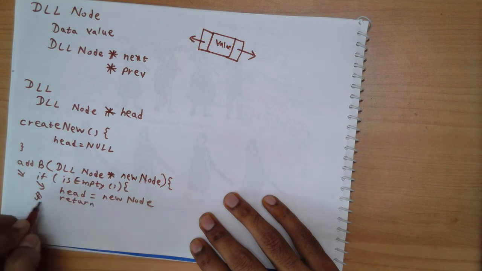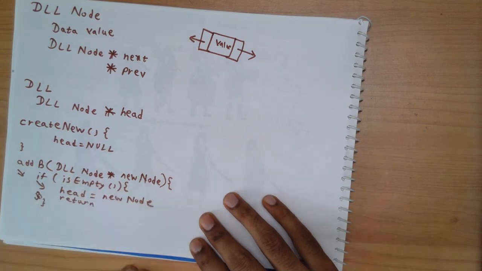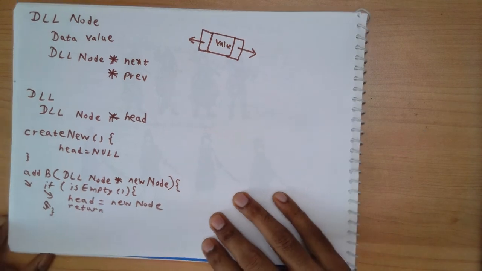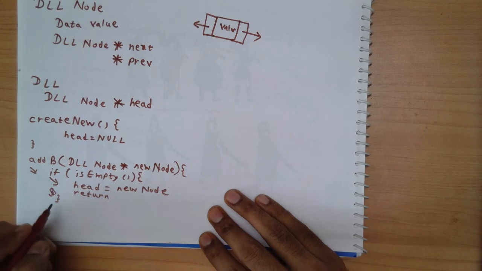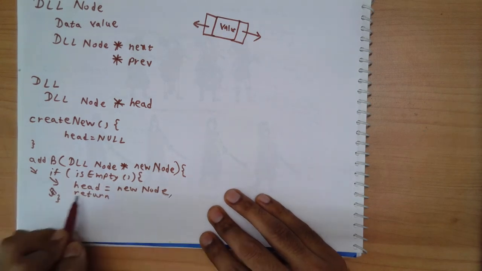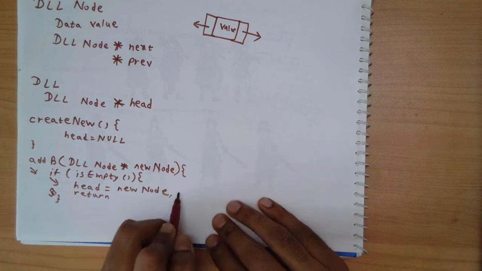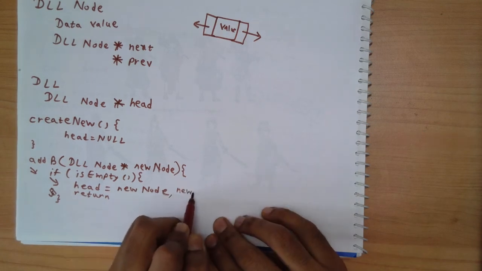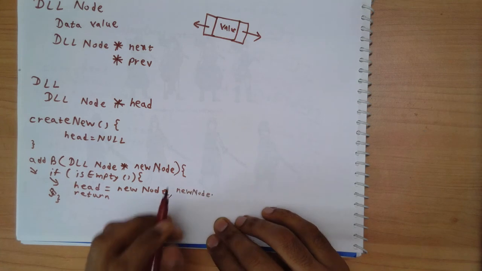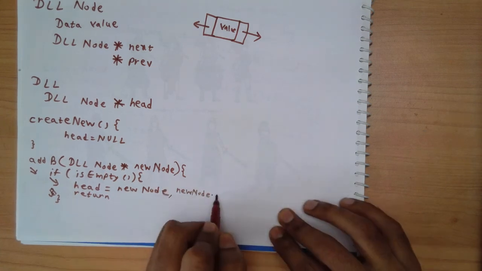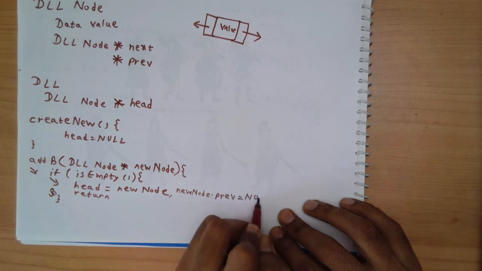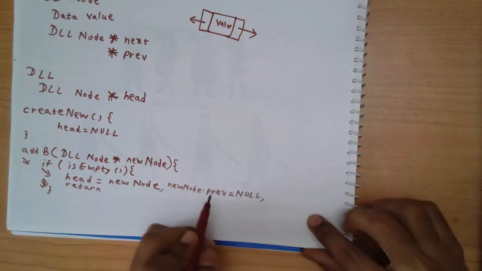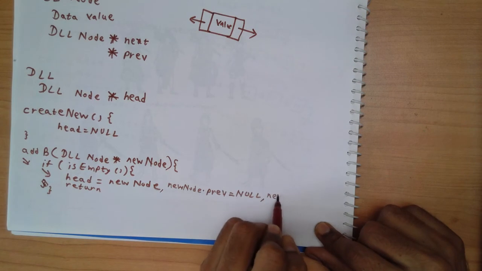But if that is not true, if the list has at least one node before, then what should we do? Well, then it's clear what we should do. Here one more thing we have to do: head is equal to new node, and then new node dot previous should be null, and also new node dot next should be set to null.